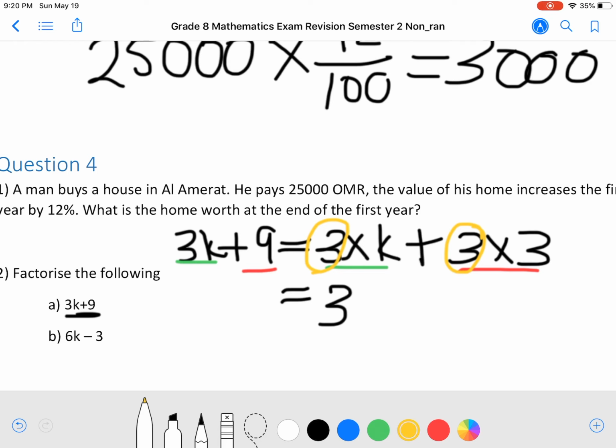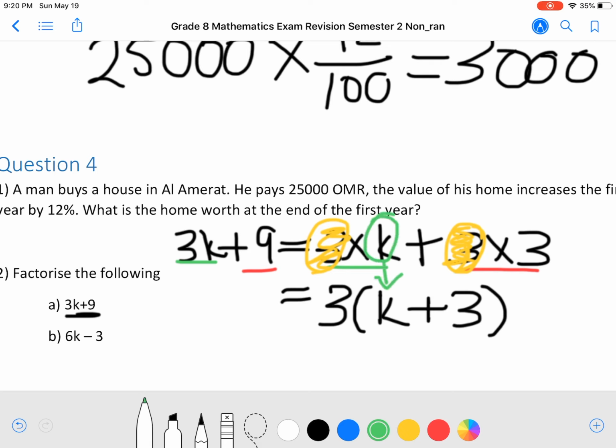Since we've taken that 3 out, we open up brackets, and all we're left with is k plus 3. So this k is this k here, and this 3 is this 3 there. So this is how we factorize the following.